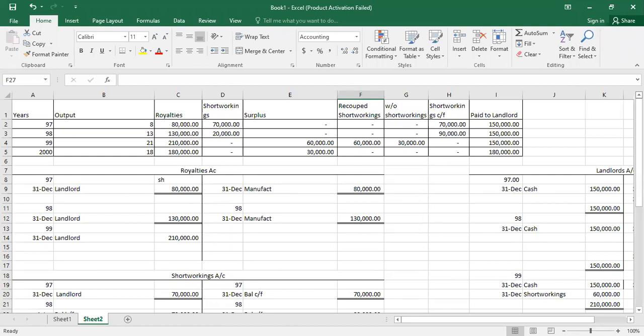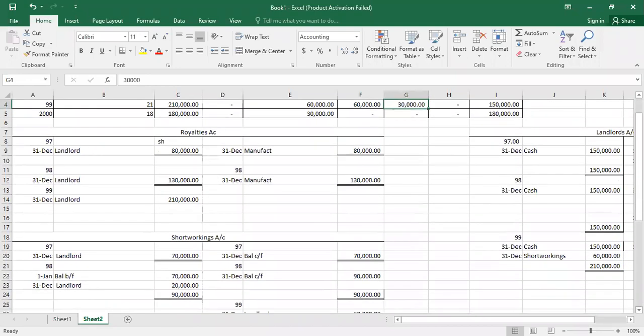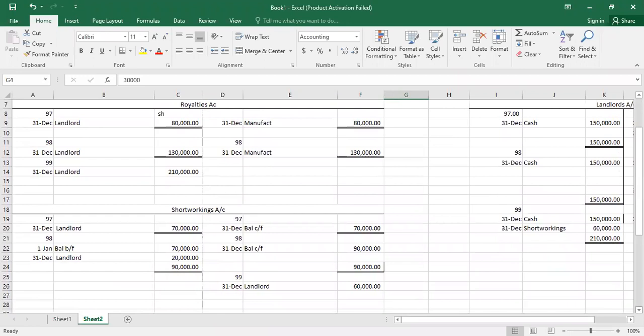I want to close that book in the year 1999. So I'm going to recognize this written off because in the period 2000, we are not going to have the short workings. They have already been written off. So it will be going in the P&L of this particular year as an expense. You debit the P&L and you credit the short workings account, to write it off.